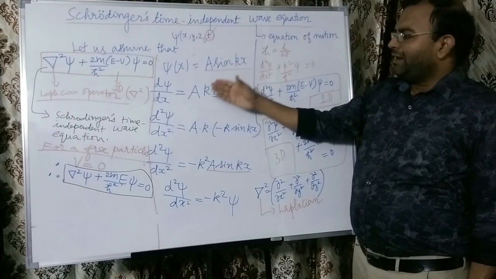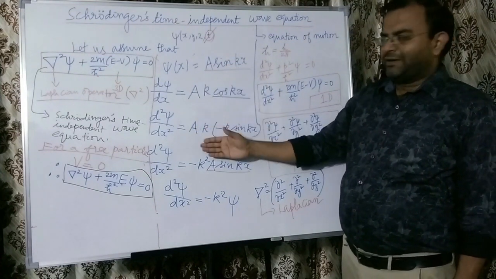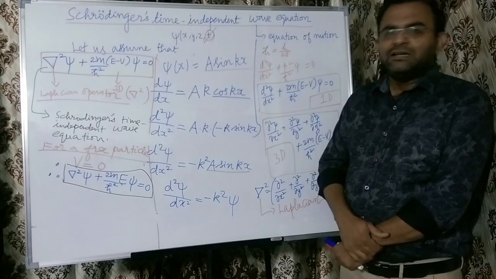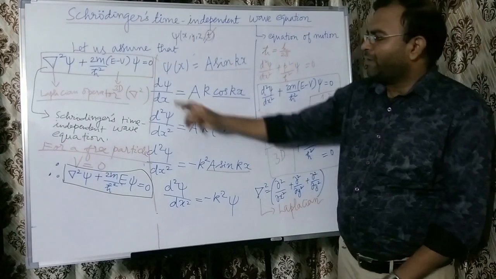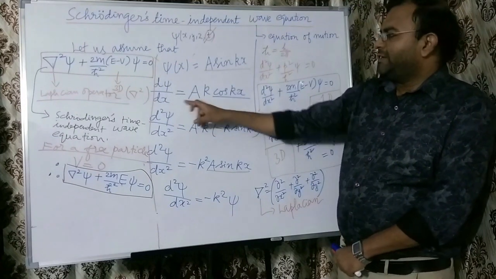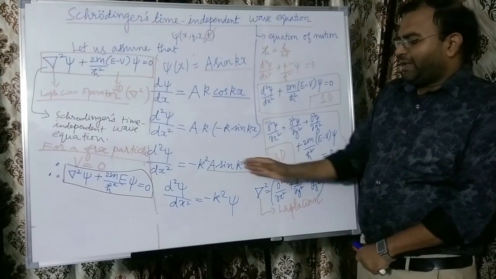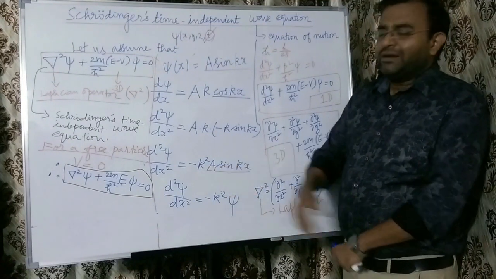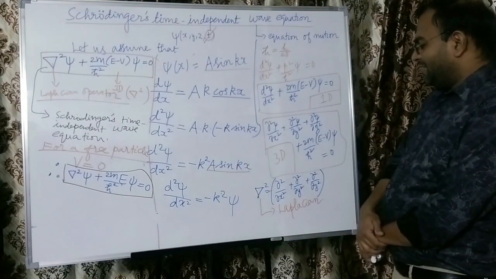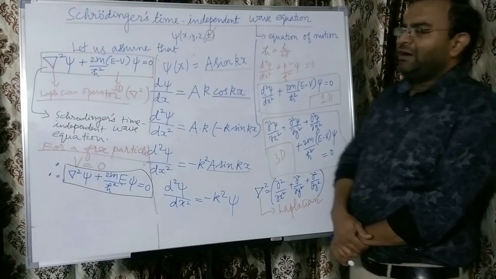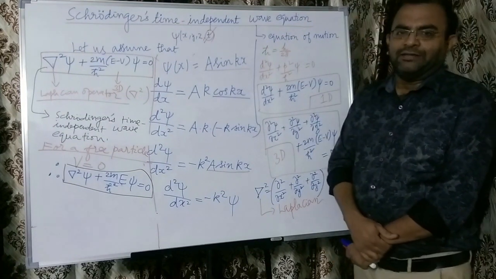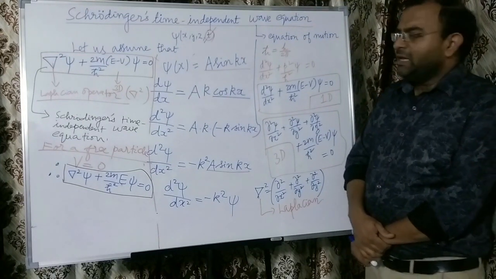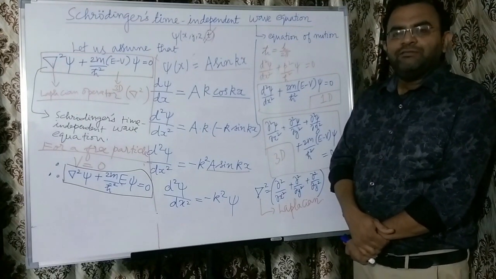Then we have taken 2 derivatives, first derivative and then second derivative, because any wave equation is generally a second order differential equation. Then we have used the known expressions for wave number, as well as expressions for de Broglie wavelength. Using all these expressions, we have been able to arrive at the Schrodinger's time-independent wave equation.